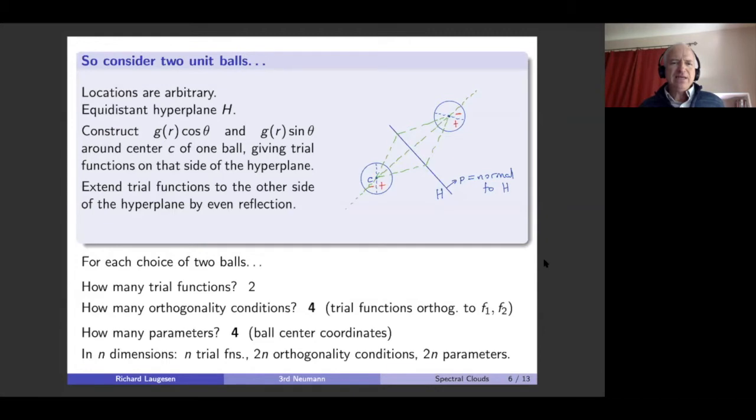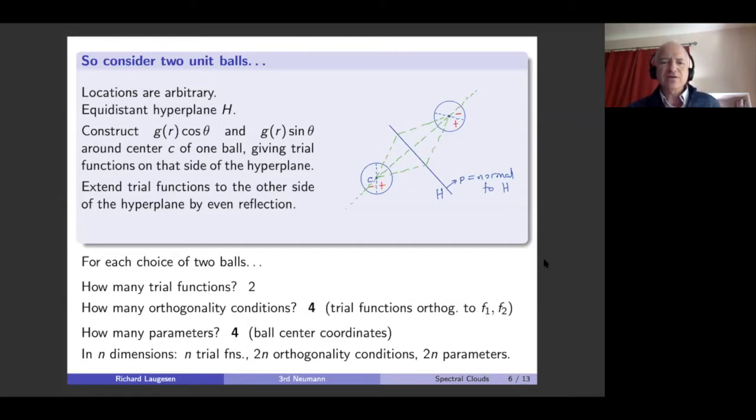Sorry, what I meant to say there, instead of how many trial functions, is how many eigenfunctions are we going to have orthogonality to, and that's 2 of them. Anyway, so how many orthogonality conditions?